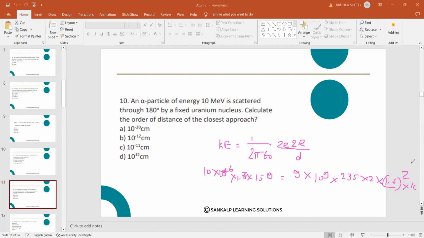So it is 9 into 10 raised to 9, 235 into 2 into 10 raised to 6 into 10 raised to minus 19 whole square divided by d. Here we need to simplify this equation for d.